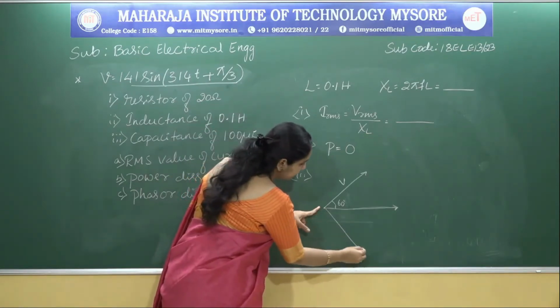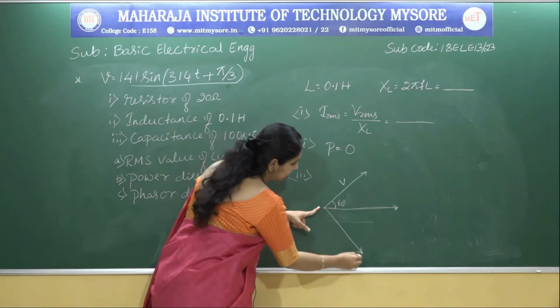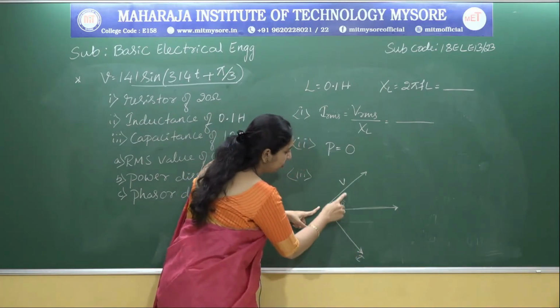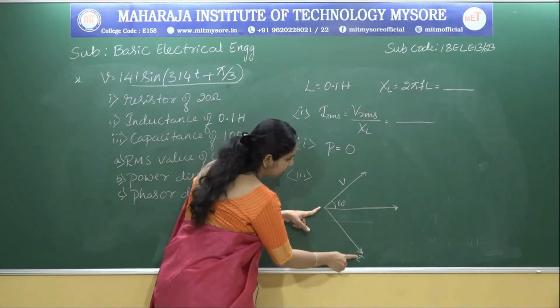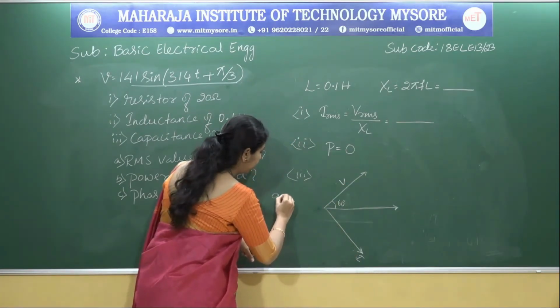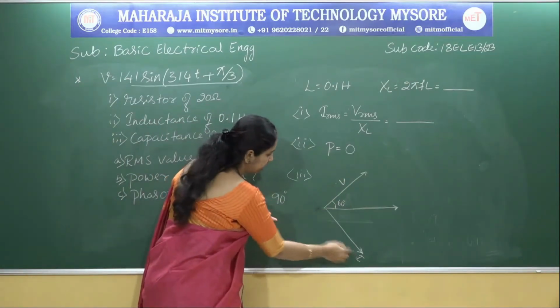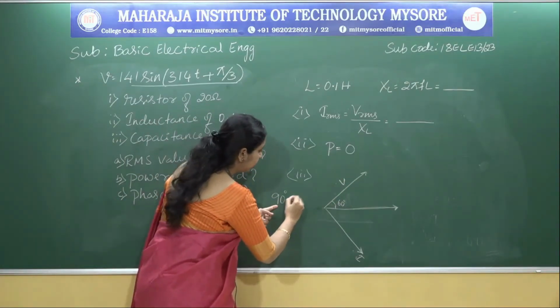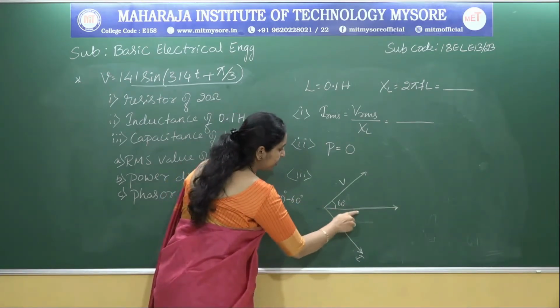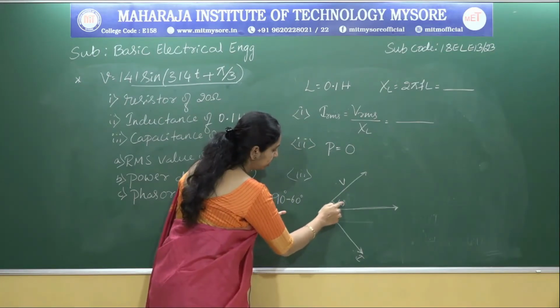Now we know that the angle difference between V and I is 90 degrees, minus 60 degrees, because from the reference point there is a lead of voltage by 60 degrees.